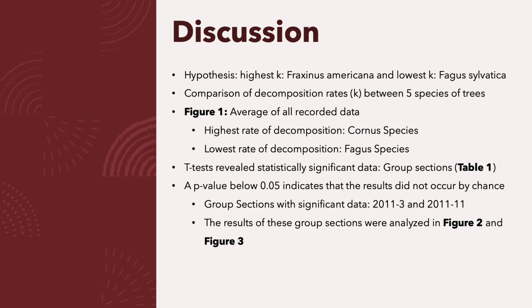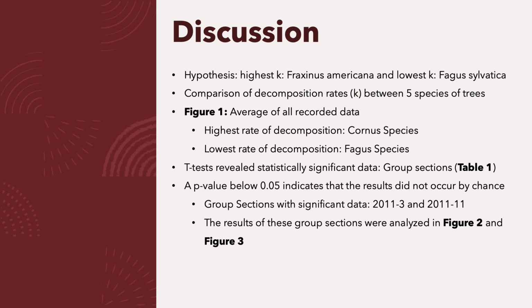After performing the t-test, the species with the highest and lowest rates of decomposition from the two laboratory sections that were determined to have the most significant data were compared, and these comparisons were then presented in Figure 2 and Figure 3. However, Figure 2 and Figure 3 do not completely support the initial hypothesis.